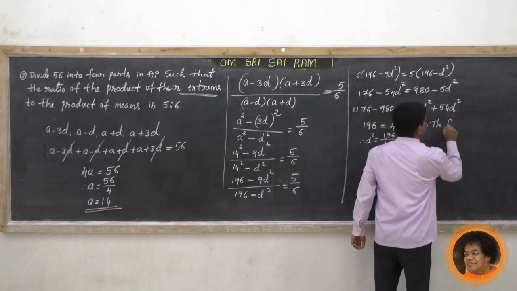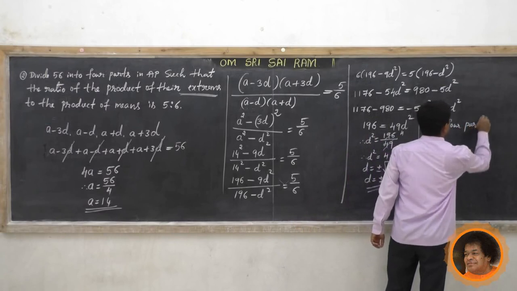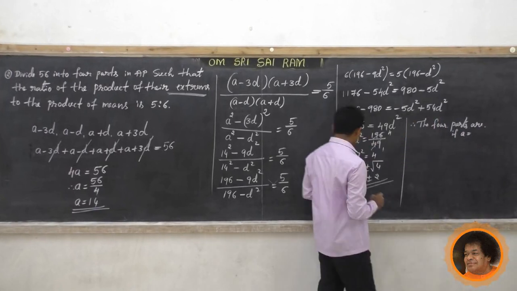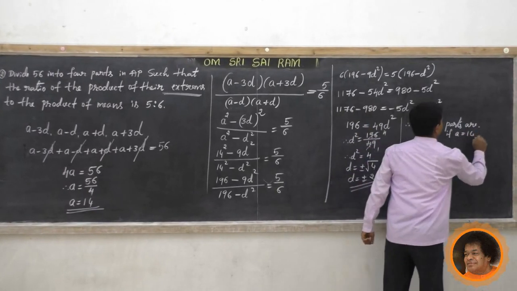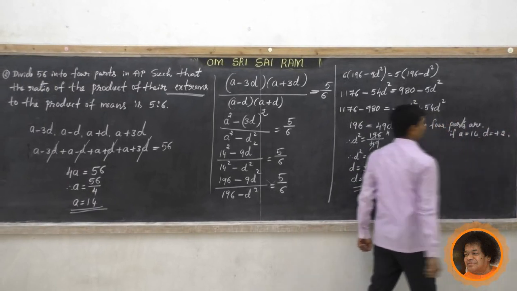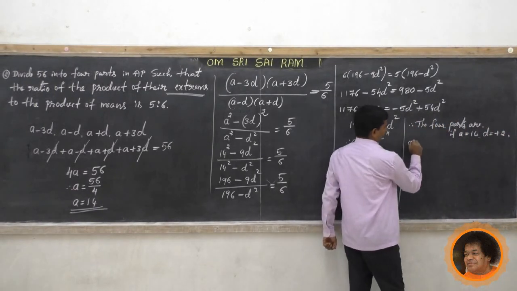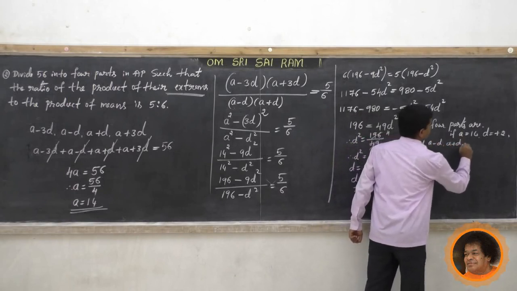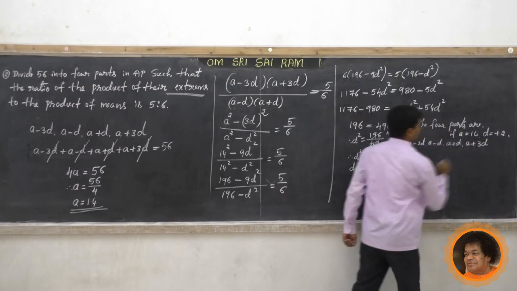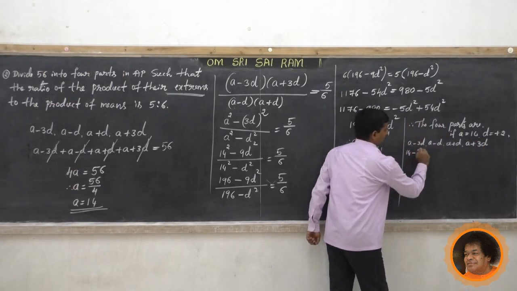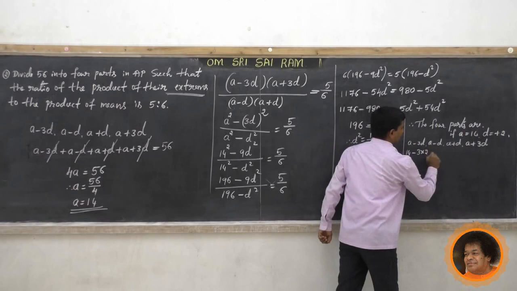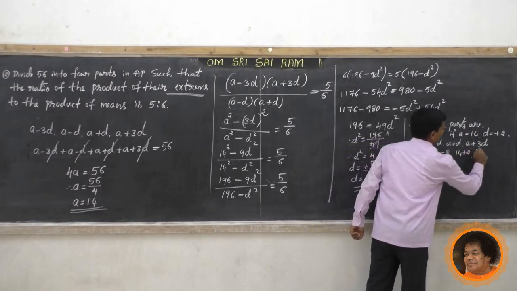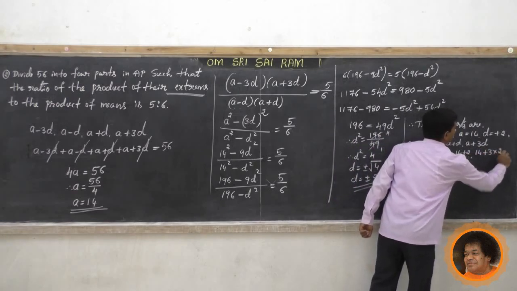There are two possibilities. If a equal to 14 and d equal to plus 2, the 4 parts are a minus 3d, a minus d, a plus d, a plus 3d. Now substitute the values: 14 minus 3 into 2, 14 minus 2, 14 plus 2, 14 plus 3 into 2.